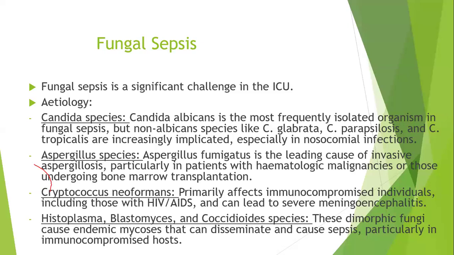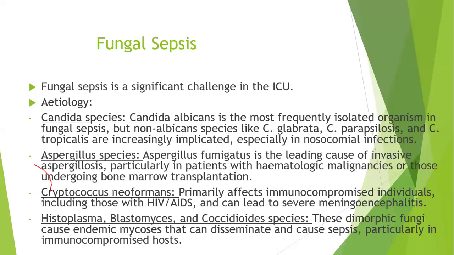And the common pathogens are the Candida species, with Candida albicans being the most frequently isolated in fungal sepsis. We have other non-albicans species like glabrata, parapsilosis, and tropicalis. All right, they are being increasingly implicated, especially in nosocomial infections. Aspergillus fumigatus. Cryptococcus neoformans.